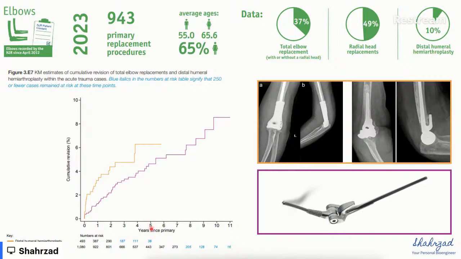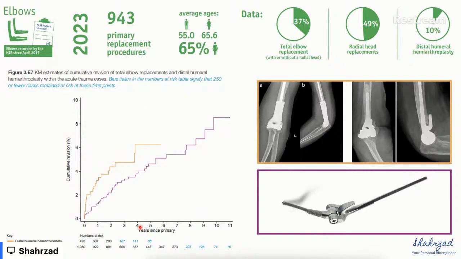And as you can see, years since primary, meaning when the patient had their surgery, 4 years later, 5 years later, what's the risk of revision? What's the likelihood of that patient getting a revision surgery, meaning the primary implant would be taken out and a new one would be put in?